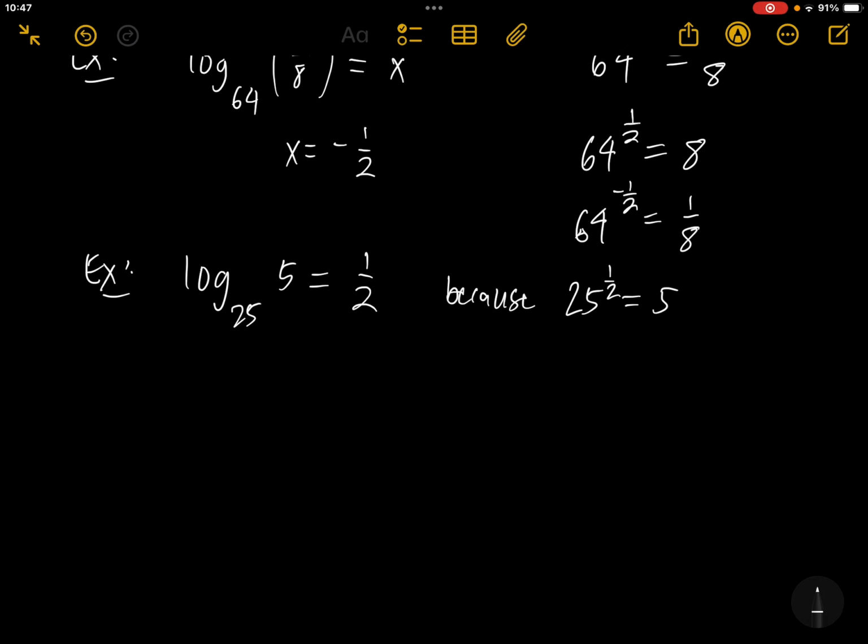What if I had a problem that was to solve for x if log sub x of 49 is 2.